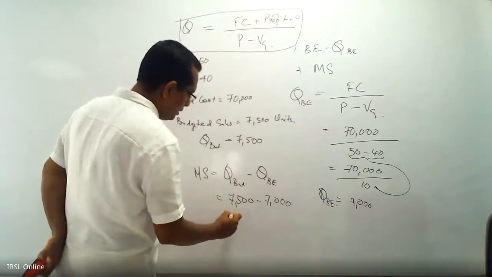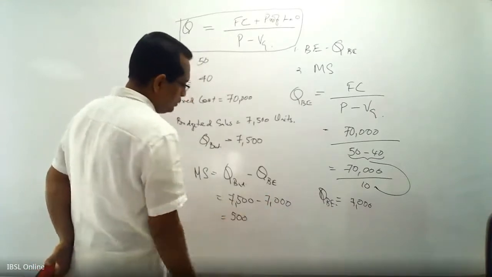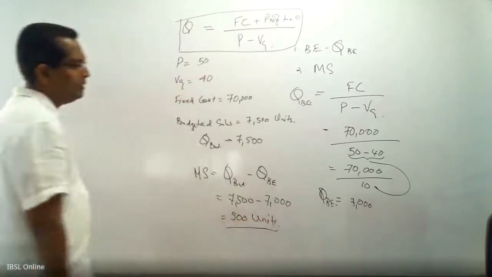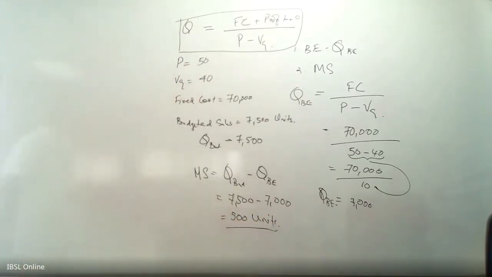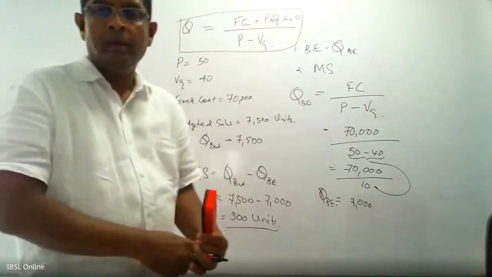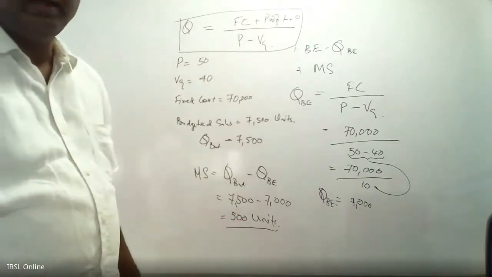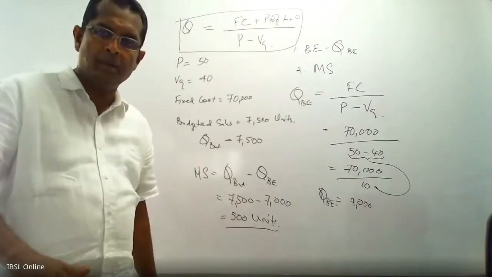So it is 500 units. Right? This is 500 units. You did this last week. I'm just brushing you through before I come to the profit part of it. Right? So hope all of you are in the same phase.